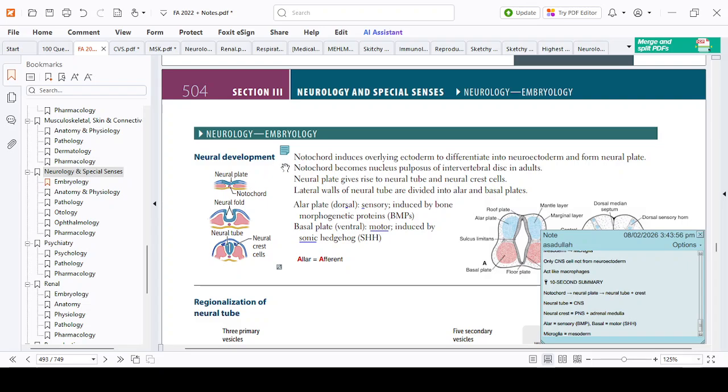So the first thing is the notochord. The notochord will differentiate the ectoderm into the neuroectoderm and form the neural plate.